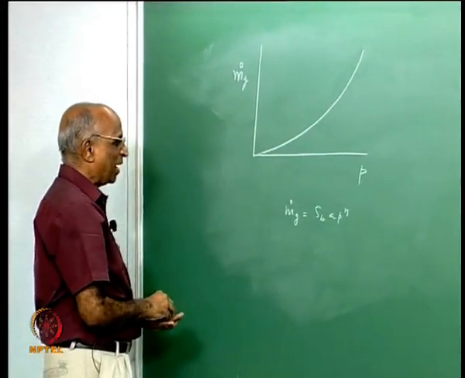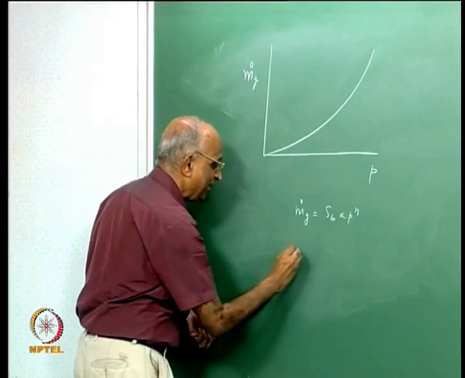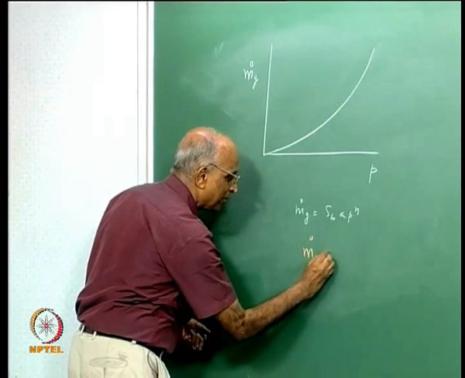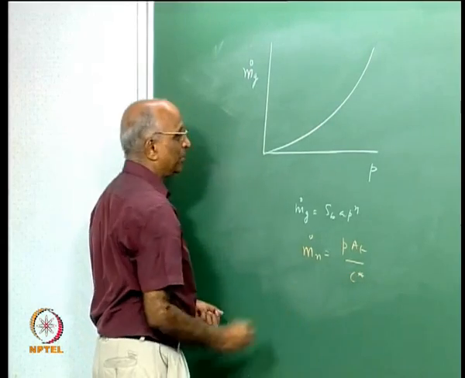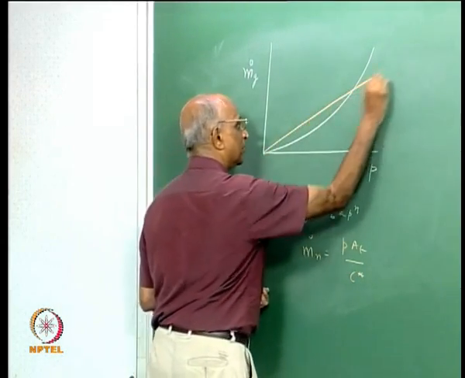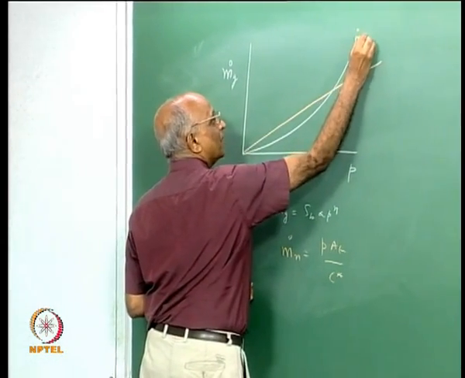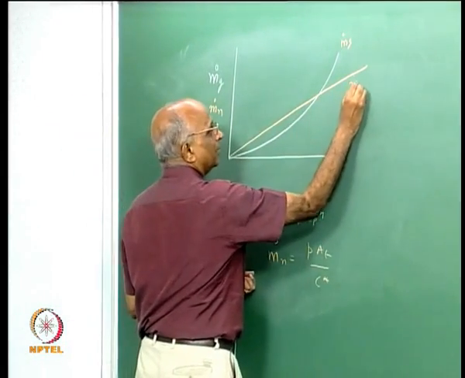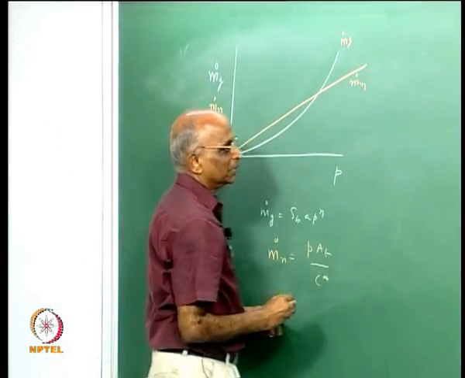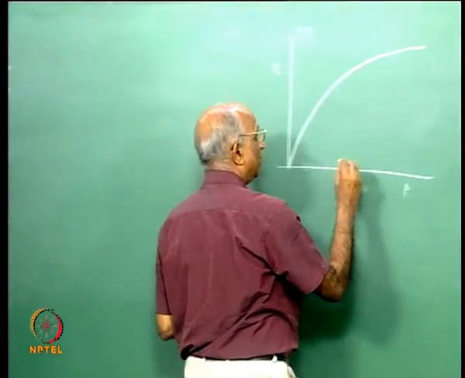Now what is the value of m dot n? M dot n is linear, P A_T by C star, a straight line, and this is m dot g. Now I am also putting m dot n on it. Same thing, I also have a line for m dot n.